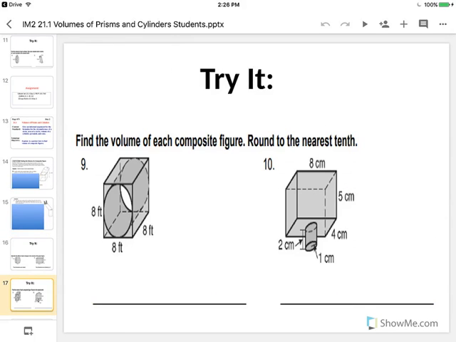Now when you look at number 9, we have a cylinder hollowed out of the cube. That means for number 9 you need to find the volume of the cube minus the volume of the cylinder. Given that the diameter is 8, the radius must be 4.